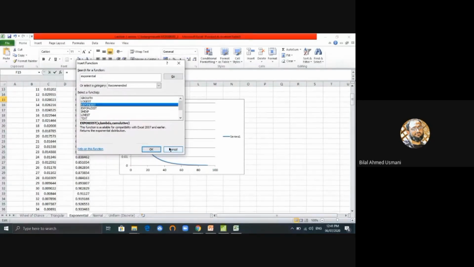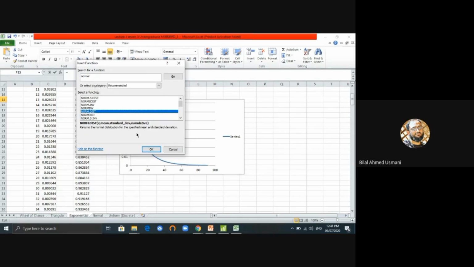You can sample from the exponential distribution from here. For the normal distribution, the function is over here: NORM.DIST, NORM.INV, with X, mean, standard deviation and cumulative.